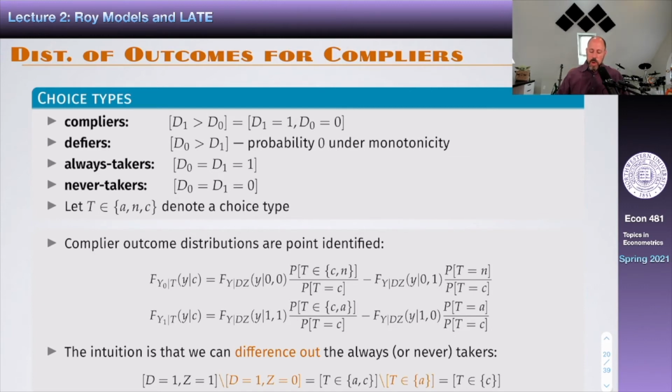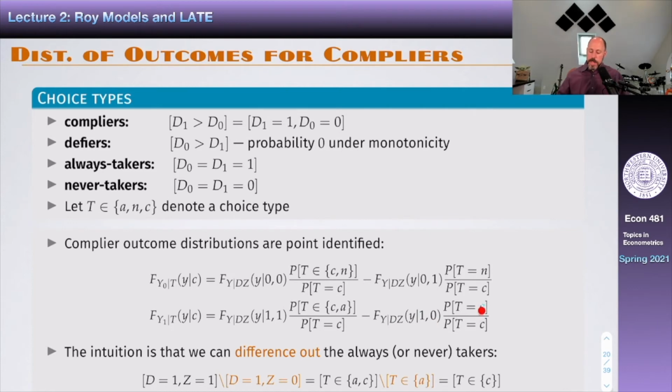The distribution of potential outcome Y1 conditional on the type, when you condition on compliers, is the distribution of Y, the observed Y, conditional on D equal to 1 and Z equal to 1, times the probability that the type is a complier or an always taker, divided by the probability that the type is a complier, minus this distribution where you have D equal to 1 and Z equal to 0, times the probability that the type is an always taker, divided by the probability that the type is a complier.